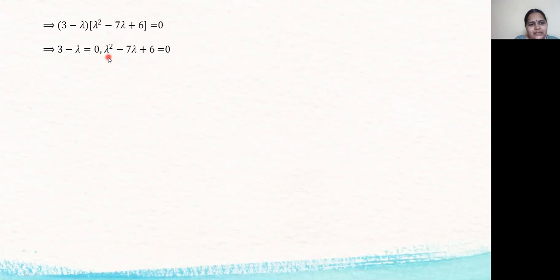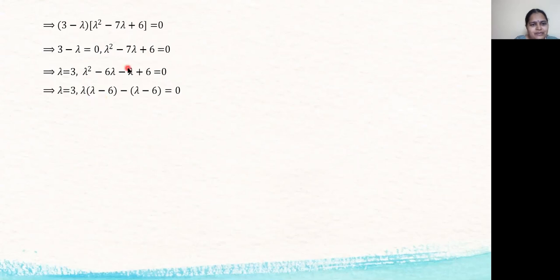Now we will find the roots of this quadratic equation. To find the roots we write minus 7 lambda as minus 6 lambda minus lambda, plus 6 equal to 0, and lambda equal to 3 for the first term. In the quadratic terms we take lambda common, then we get lambda minus 6.